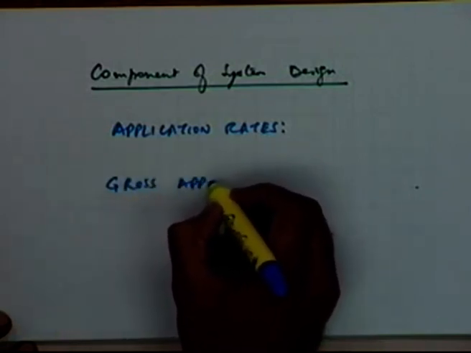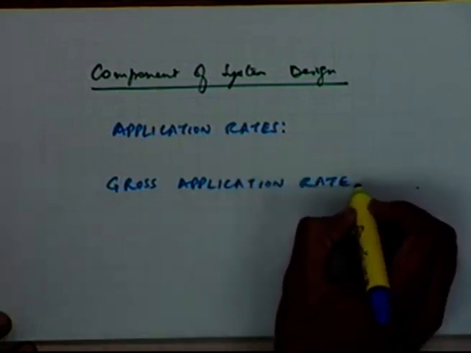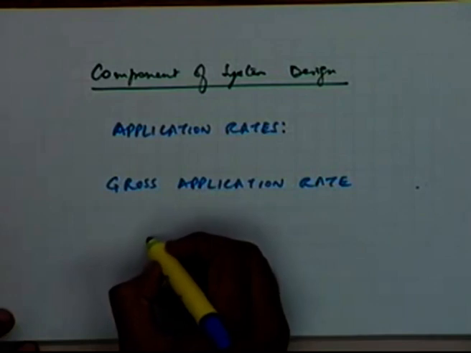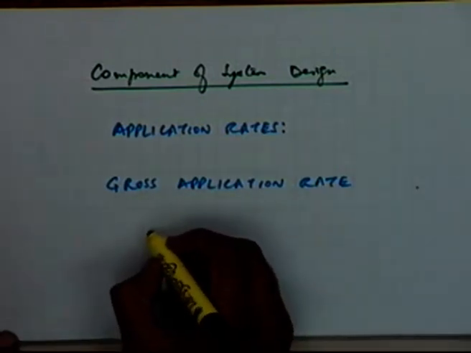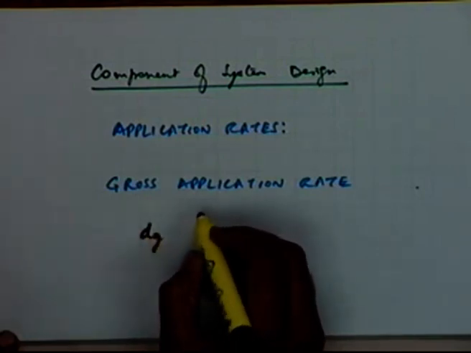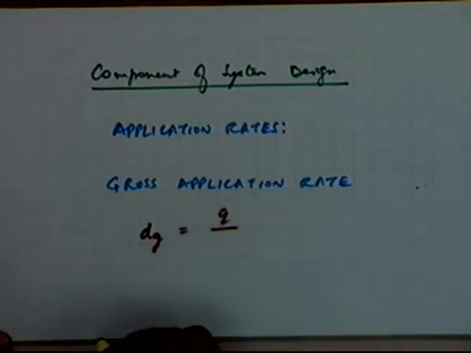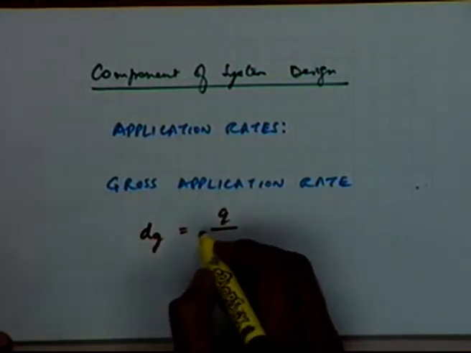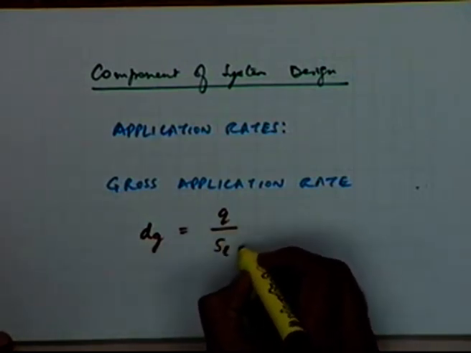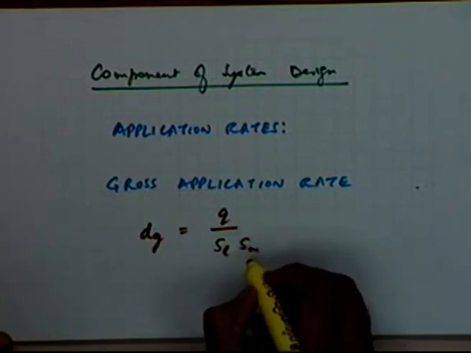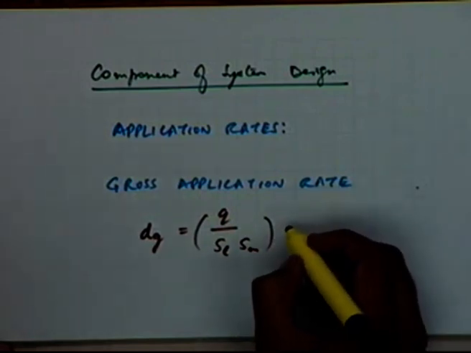The gross application rate, if we express this as dg, as a function of the sprinkler nozzle discharge and the spacing of the sprinkler heads.